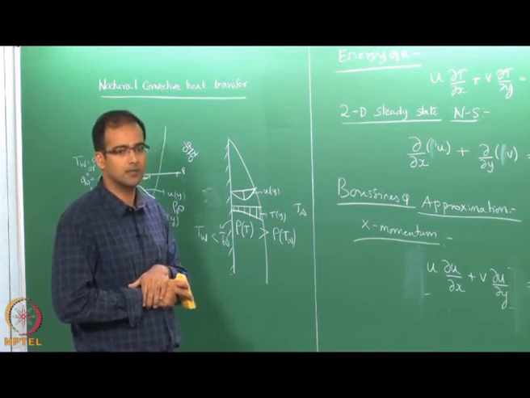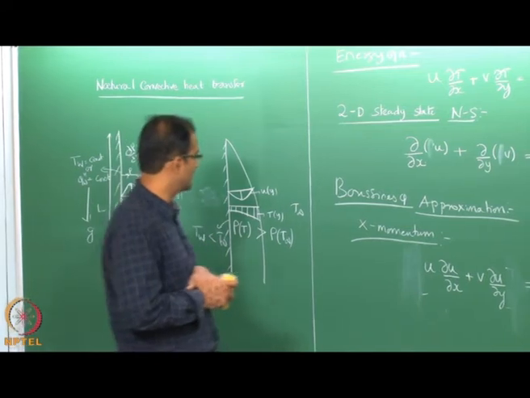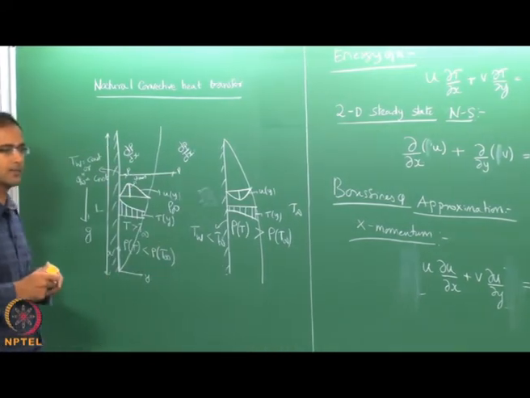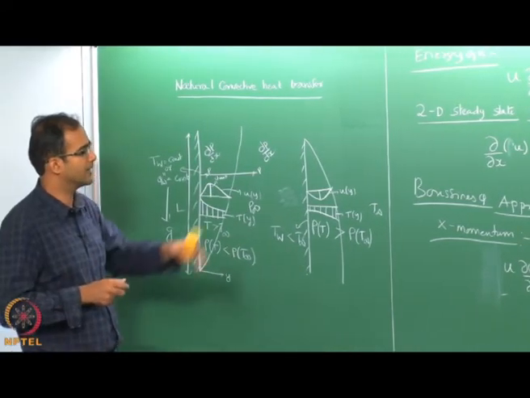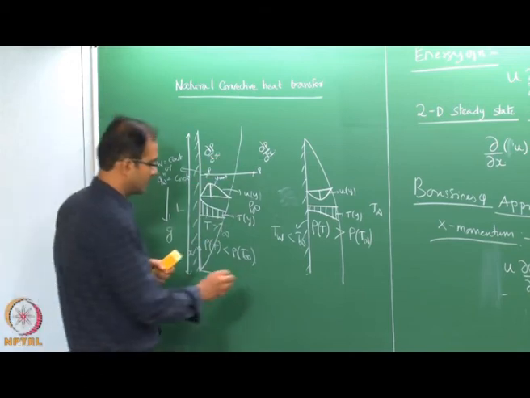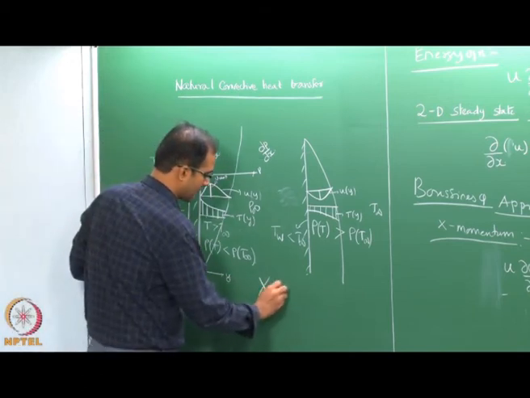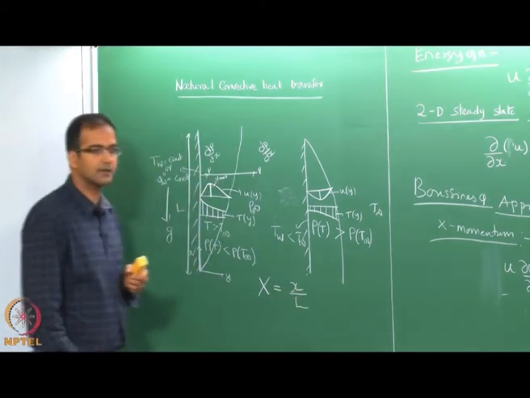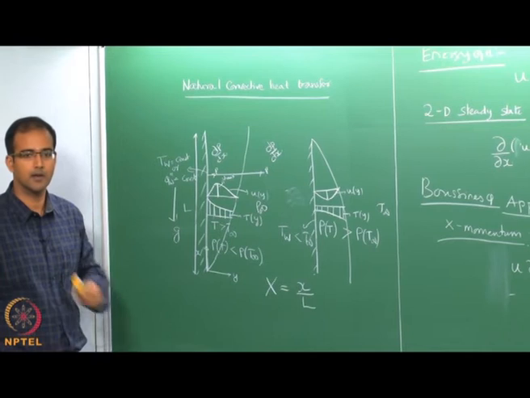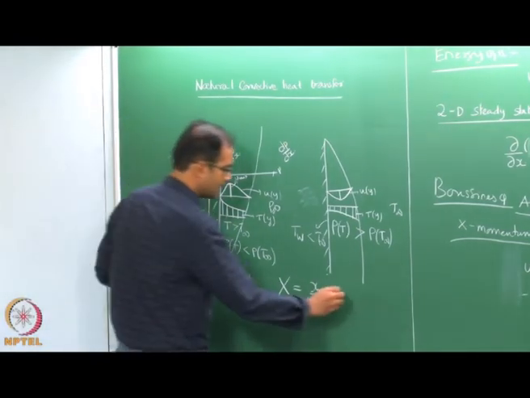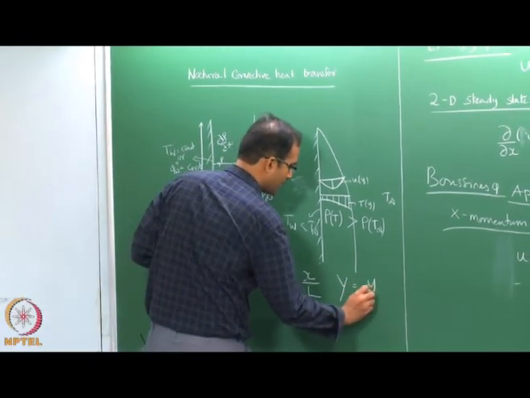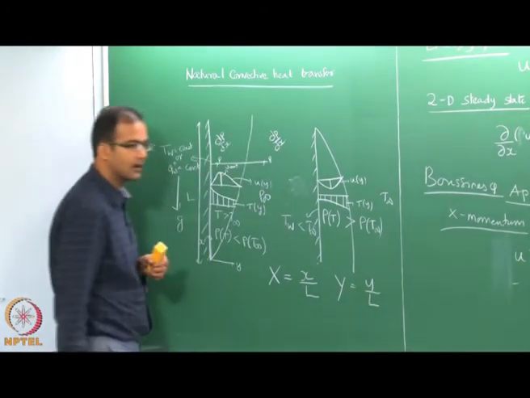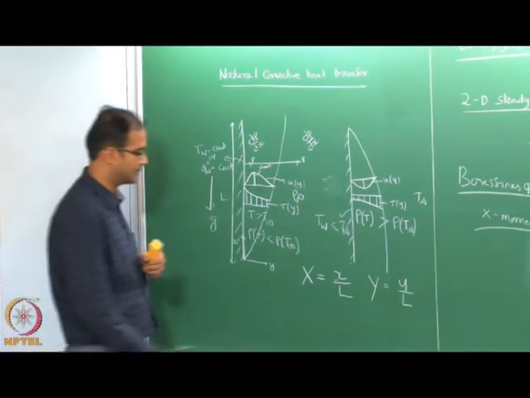I request all of you to scale all the variables here. That means you take your position x and scale it with the length of the plate, this will be your non-dimensional x, similarly your non-dimensional y. And how do you scale velocity here?